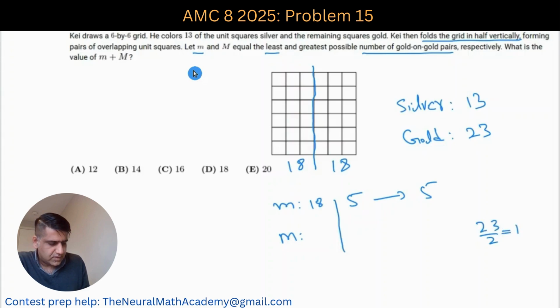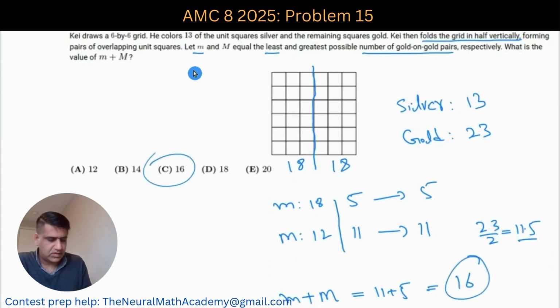That is 11.5, so we can have 12 and 11. And then the overlap will be 11. The sum of small m plus capital M is 11 plus 5, and that is 16. So the answer is C.